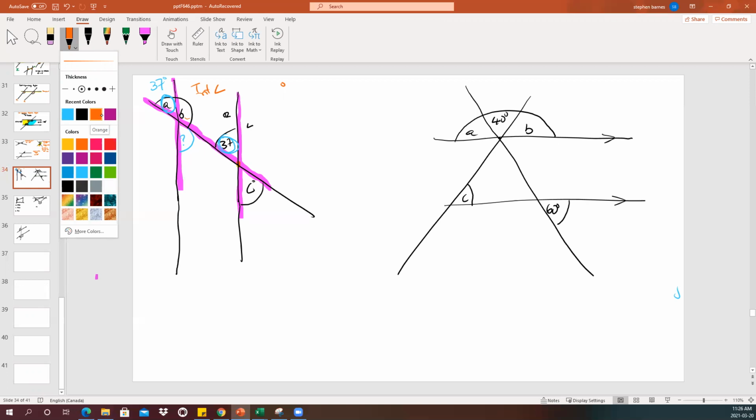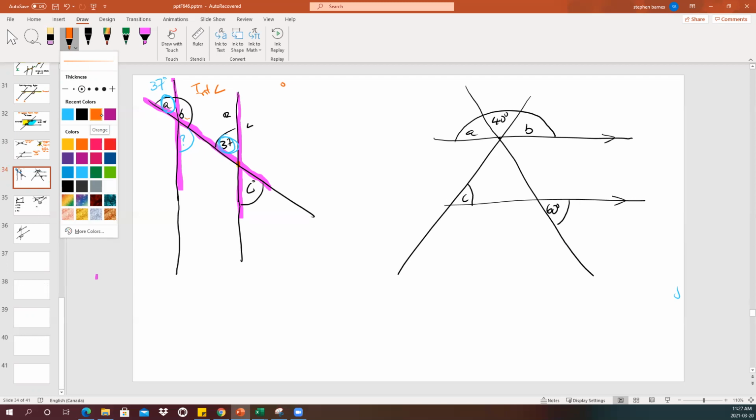Just look at it and take it one part at a time. So let's go. All right, so 40 plus B plus A is on a straight line. I need to find one of these first.